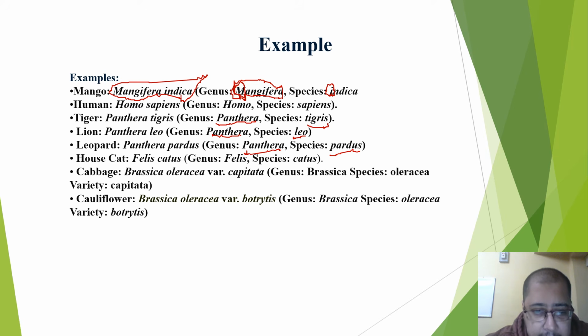Here, as you can see, in both the cases, the scientific genus and species name are same, Brassica oleracea. But because there are different varieties of the same species, we have var. Var capitata for cabbage and botrytis for cauliflower.